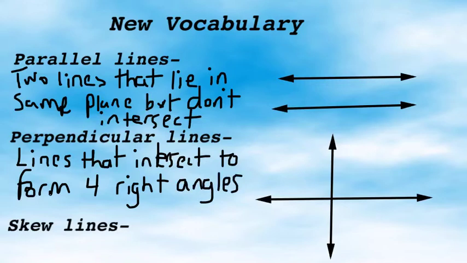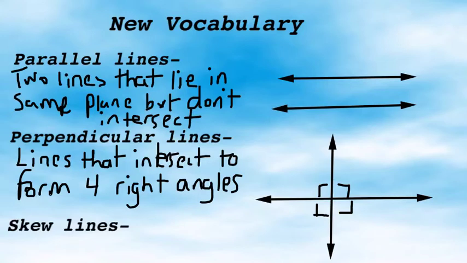Okay, and you can see each one of these is a right angle, right angle, right angle, right angle. And again, we know they're all right because vertical angles are the same, and a linear pair next to one another adds up to 180. So everywhere around, those are perpendicular.